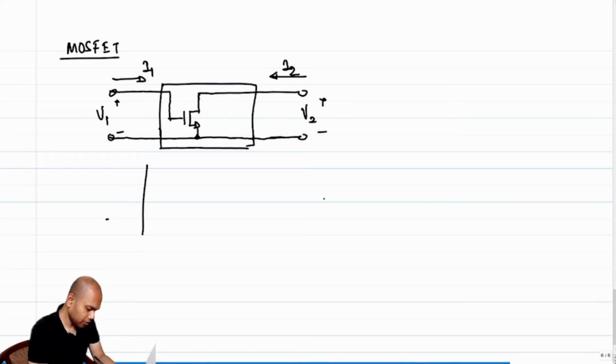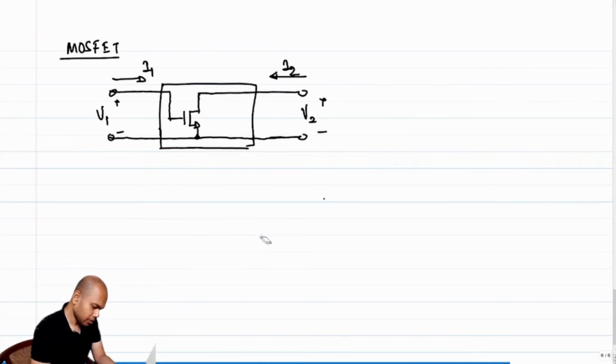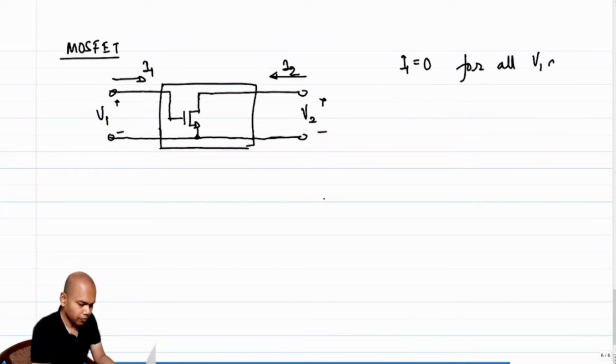As it turns out, before sketching the I1-V1 characteristics, let me simply write that I1 is equal to 0 for all V1 and V2.